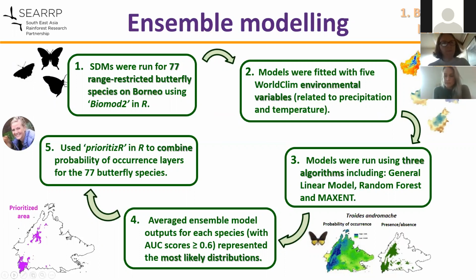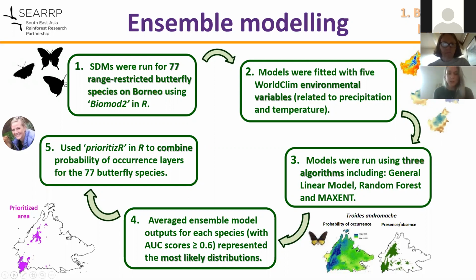So on the bottom right of the screen are a couple of example output maps from these species distribution models for Troides andromache. This is a butterfly found on Mount Kinabalu, so it's a high elevation butterfly. And you firstly get a probability of occurrence map, and secondly you have a binary presence and absence map. So this is where the species are most likely to occur as predicted from the models.